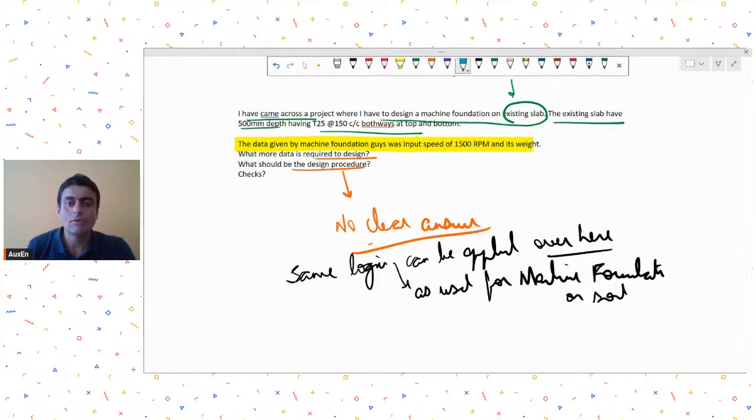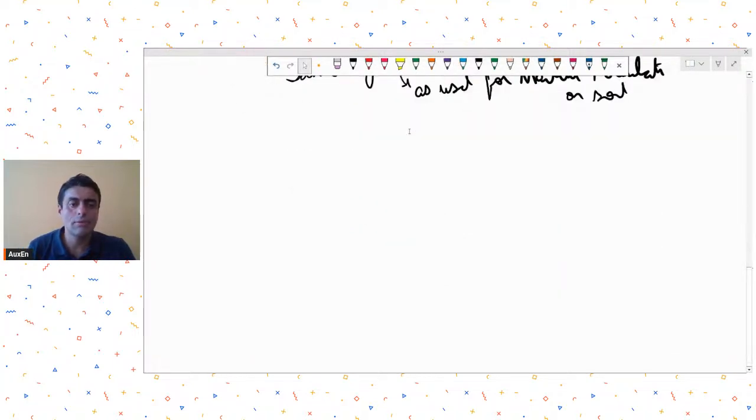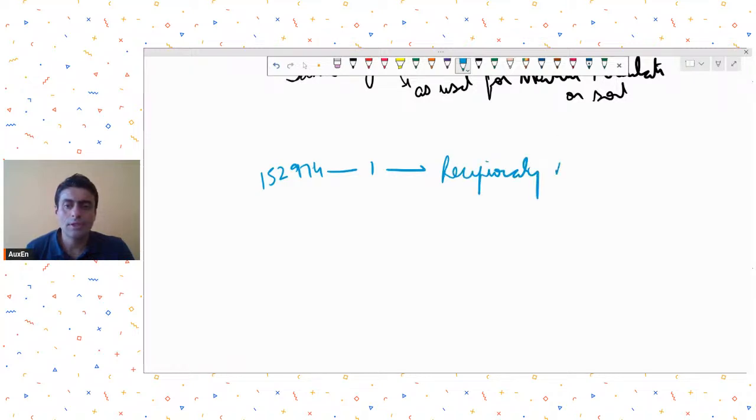IS 2974 is the series of codes given to you for machine foundations. I think there are 4 or 5 parts to it. So part one, if I remember correctly, is for reciprocating machines. Part two is for impact type machines, hammer type machines.